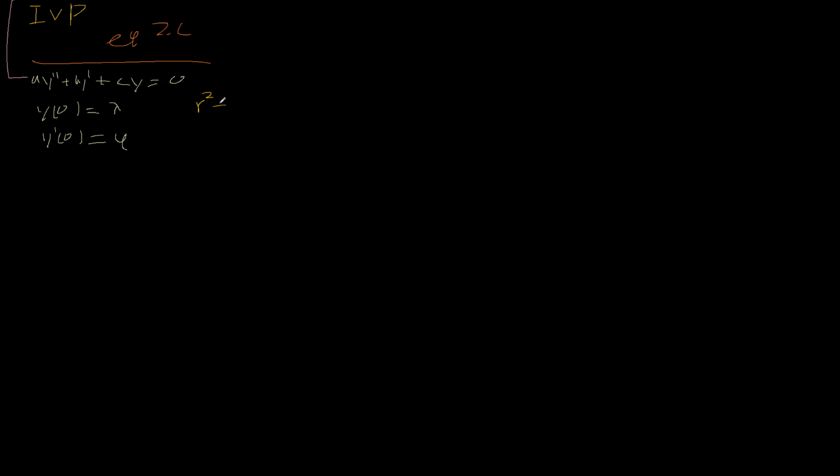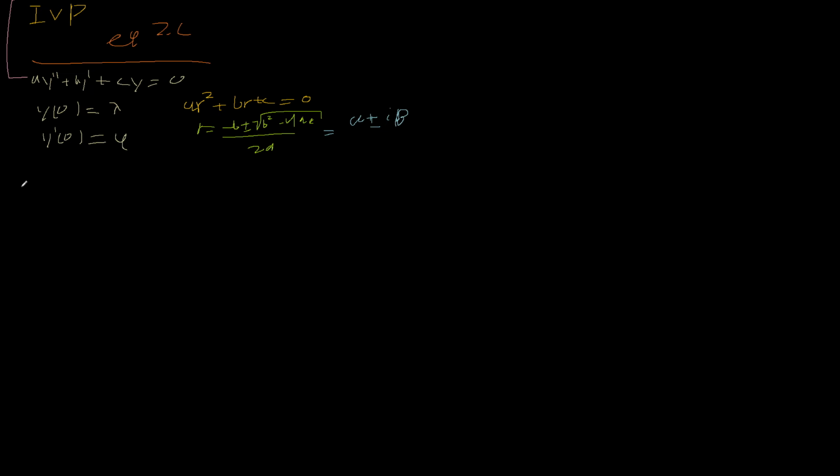So, we're going to do our characteristic polynomial, ar squared plus br plus c equals 0. And we go ahead, we chug through the quadratic formula, and I'm not going to be doing that, and I'm not going to be filling these values in because we're trying to be somewhat general here. And then we're going to say that this is equal to some alpha plus or minus i beta.